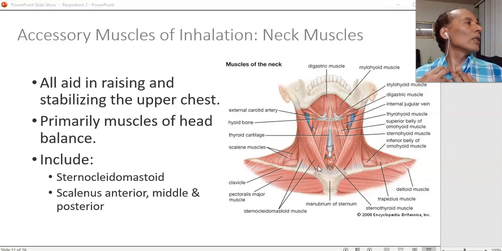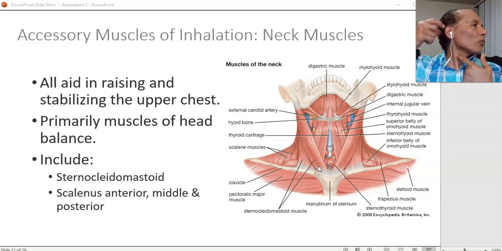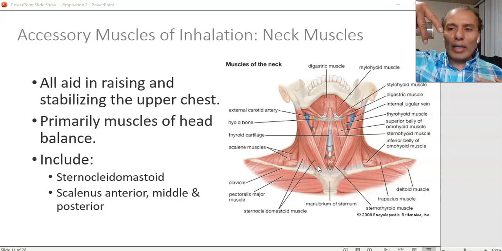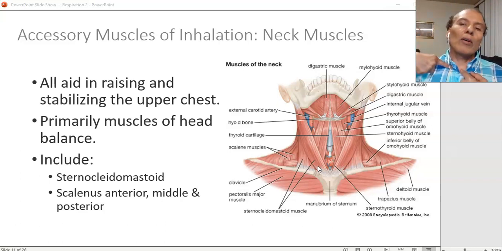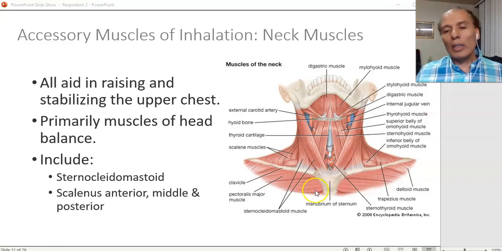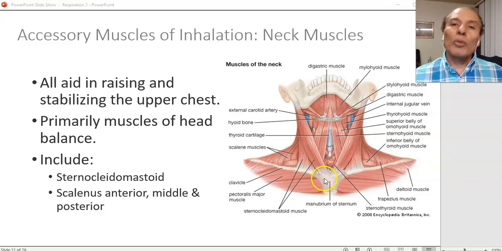So you can see here, this is your muscle. And if you feel, you're going to find it comes down as one branch, one muscle, and then it bifurcates, it splits. One piece is going to connect onto the clavicle, the proximal segment that is close to the center of the body, and the other segment will connect onto the lateral superior margin of the sternum.